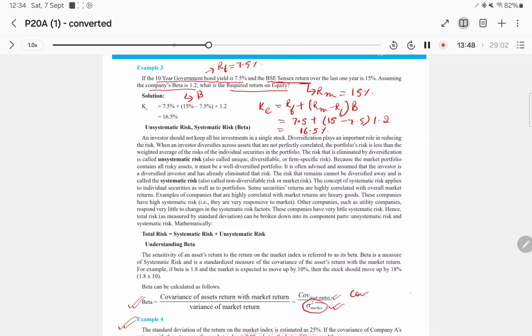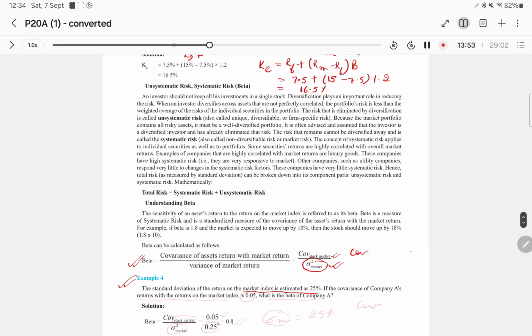The standard deviation of return on the market index is 25%. Basically, the standard deviation of the market is given as 25%. And the covariance of company A's return with the return of the market index is 0.05.